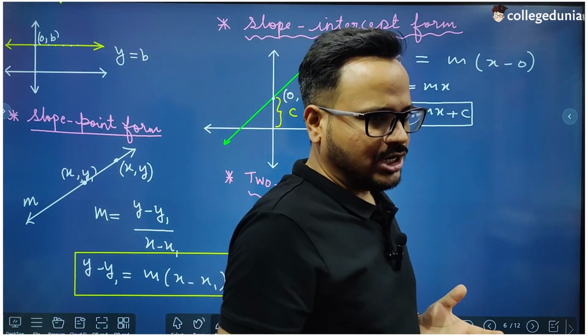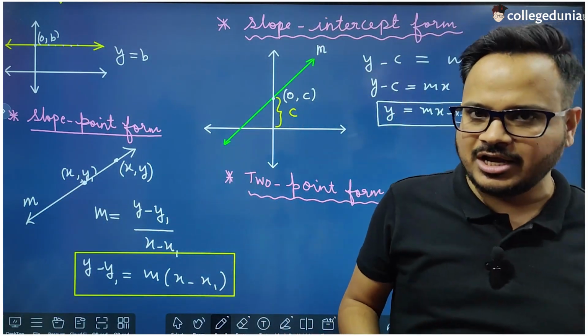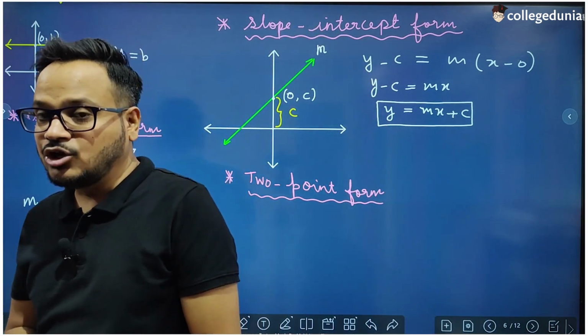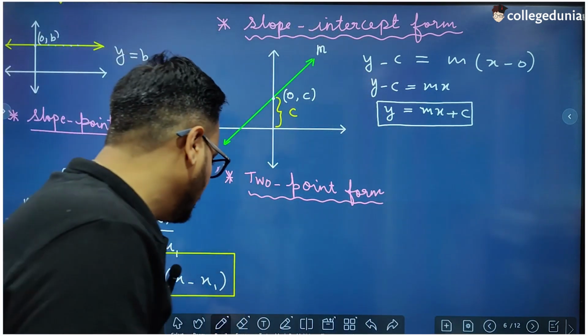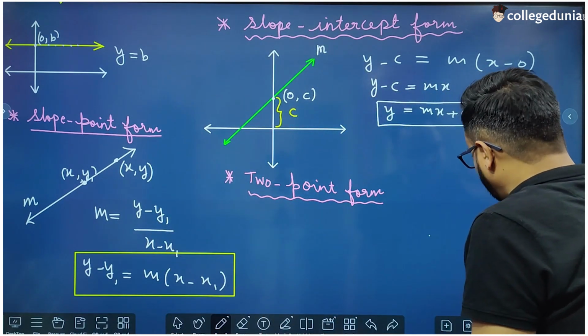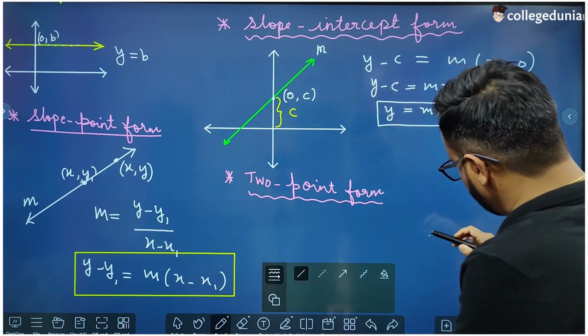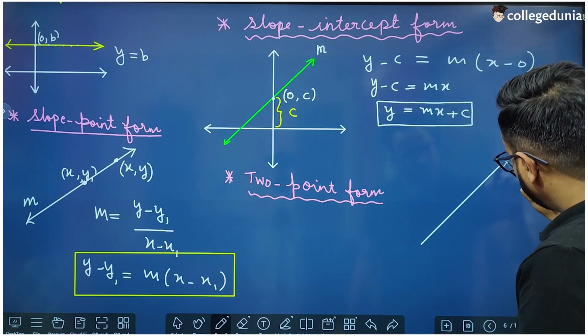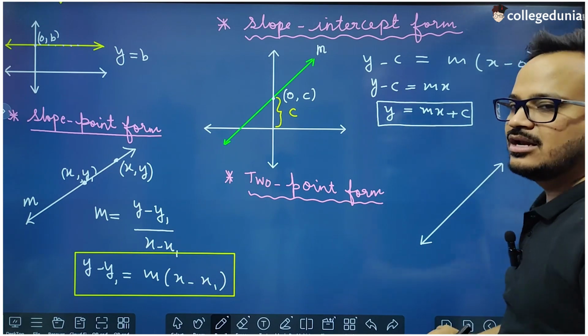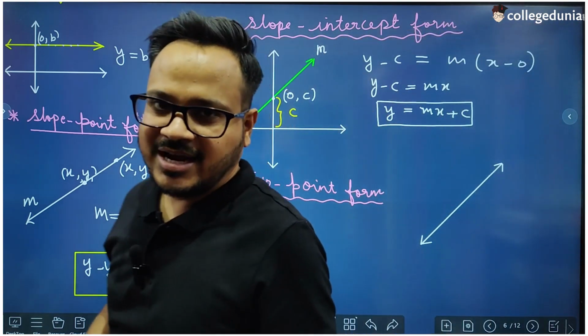When I give you 1 point, you cannot find the equation of a unique line because there are infinite lines which are passing through that point. But when 2 points are given, then obviously there must be a unique line which is passing through those 2 points. This is the line which is passing through these 2 points. There cannot be another line which passes through these 2 points, right?